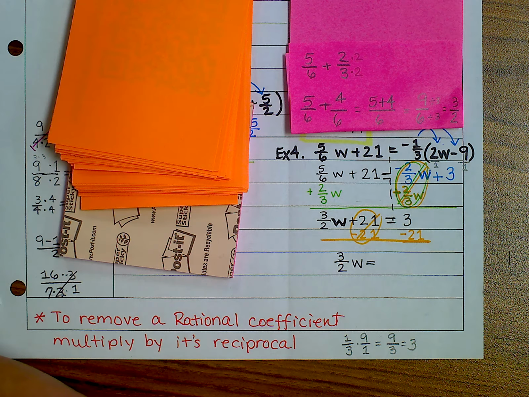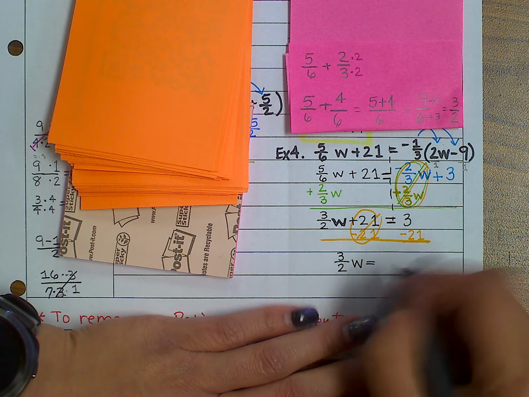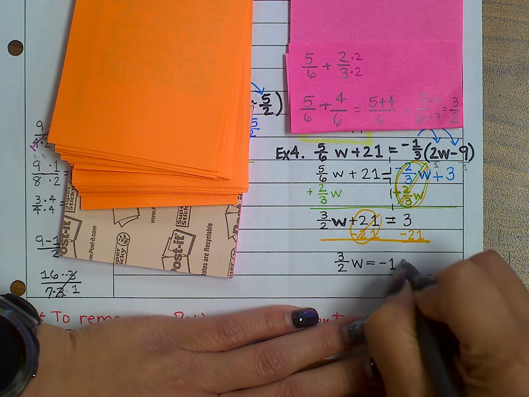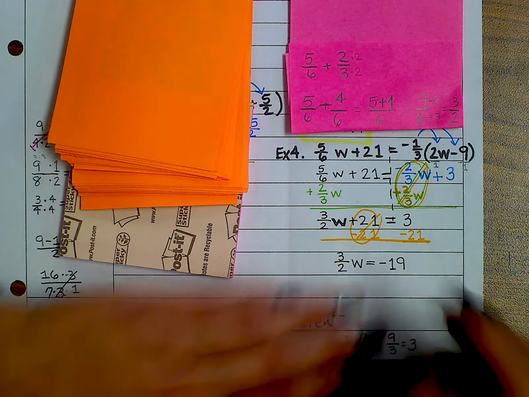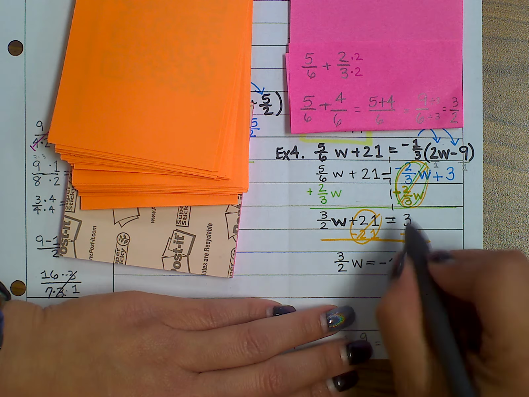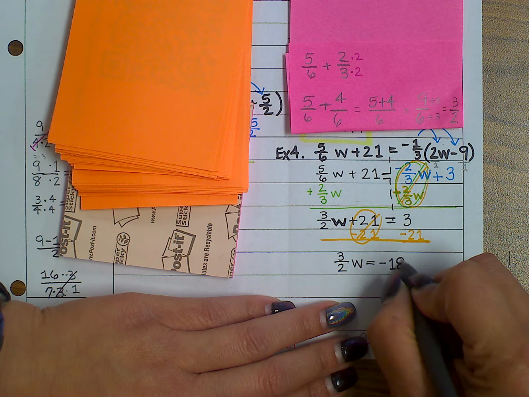That's going to be negative 18. Oh, wait, sorry. My apologies. I didn't count back enough. 18, 19, 20, 21, 18. Sorry about that. I was distracted.